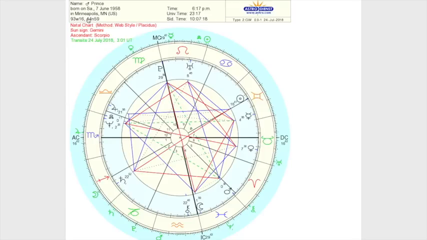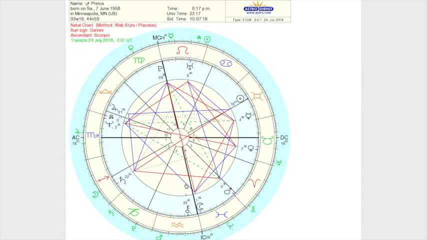So what we do is on a website like this, astro.com, you can go in and actually do this yourself too. Even if you're not an actual astrologer, you can go plug in your birth date, including the year, the birth time, and the birthplace. We need all three of those pieces of information in order to pull up one of these.